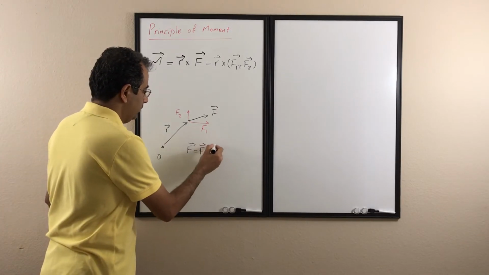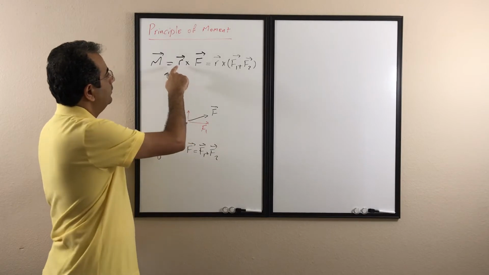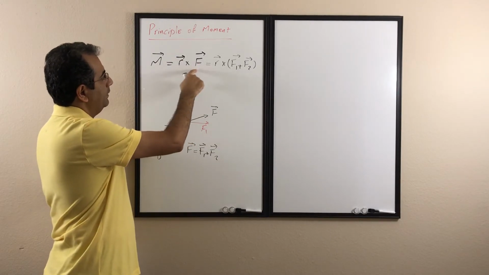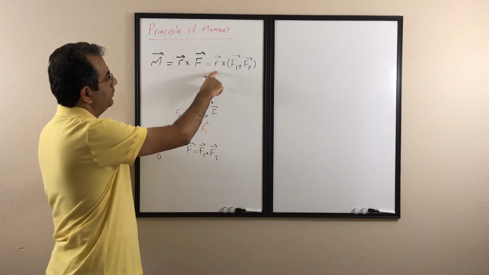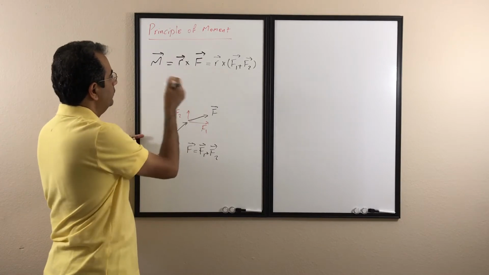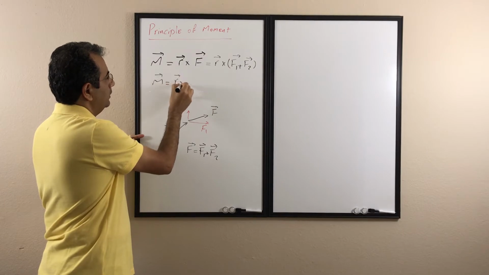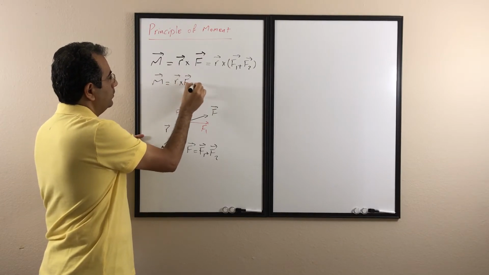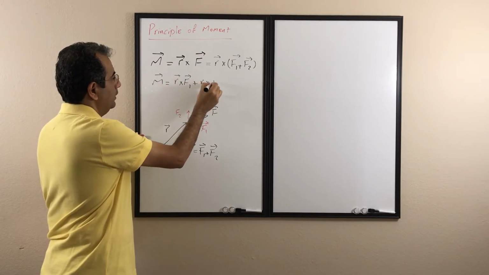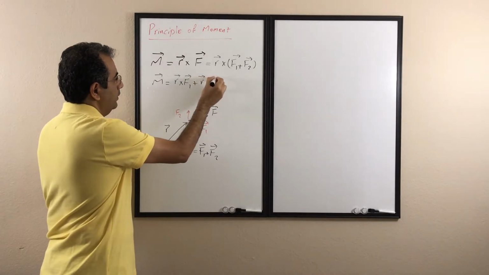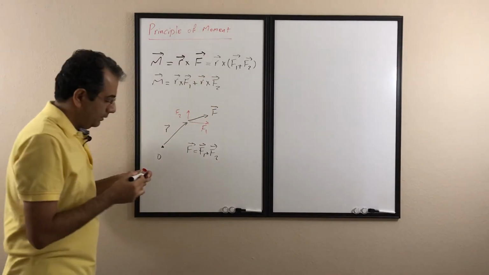So I have R cross F, and then I replace F with F1 and F2. Eventually I can say M is R cross F1 plus R cross F2. So I can write it like that.